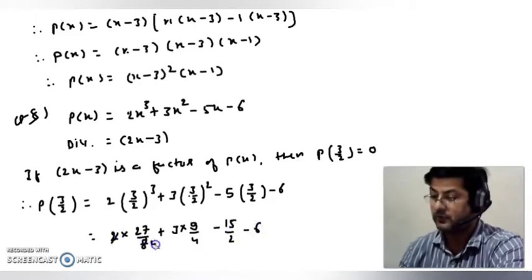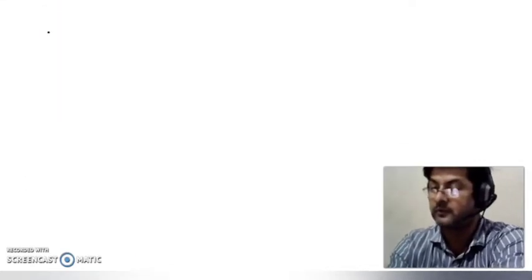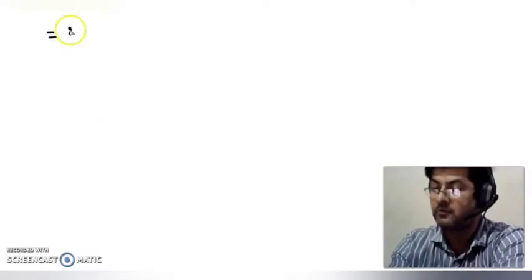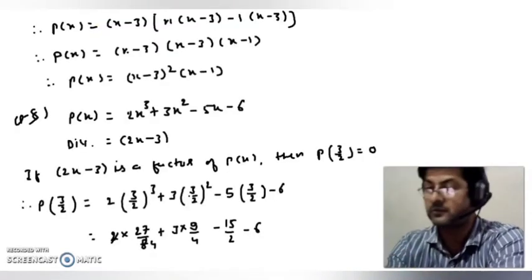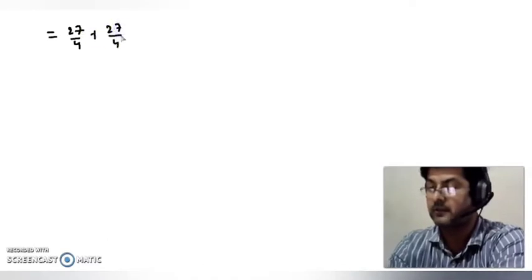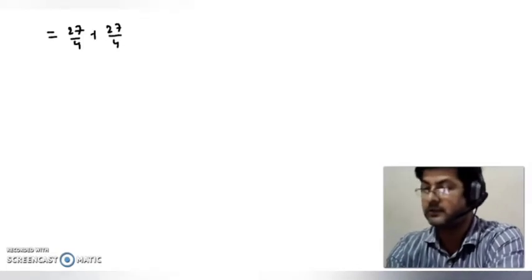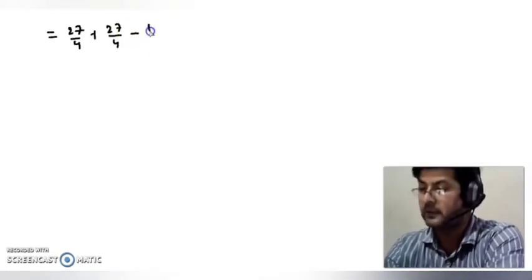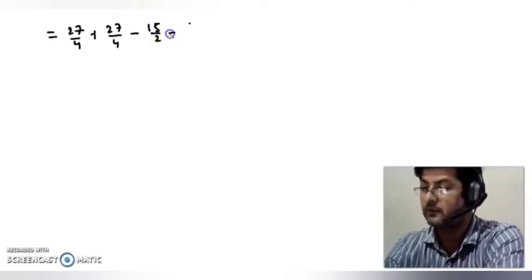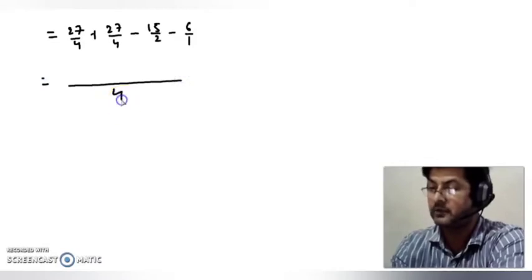Okay, 2 4s, so 27 by 4 plus 27 by 4 minus 15 by 2 minus 6 by 1, take 4 the LCM.